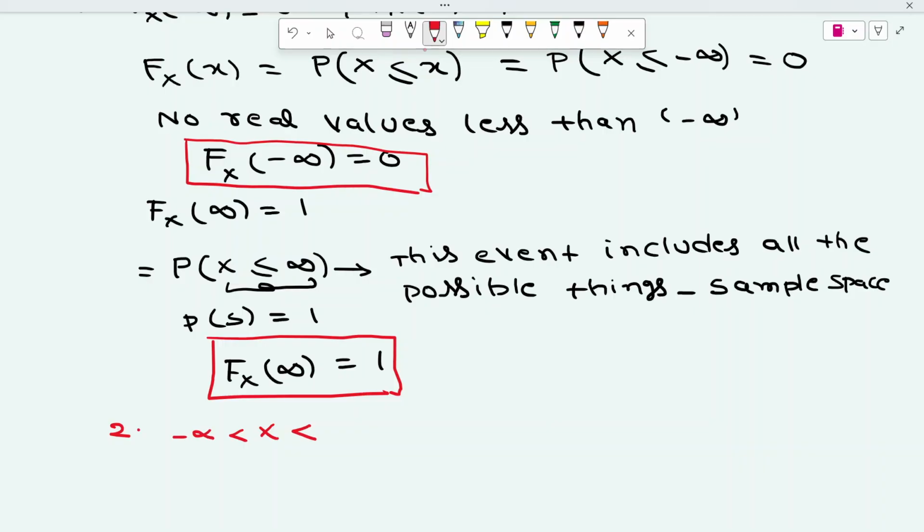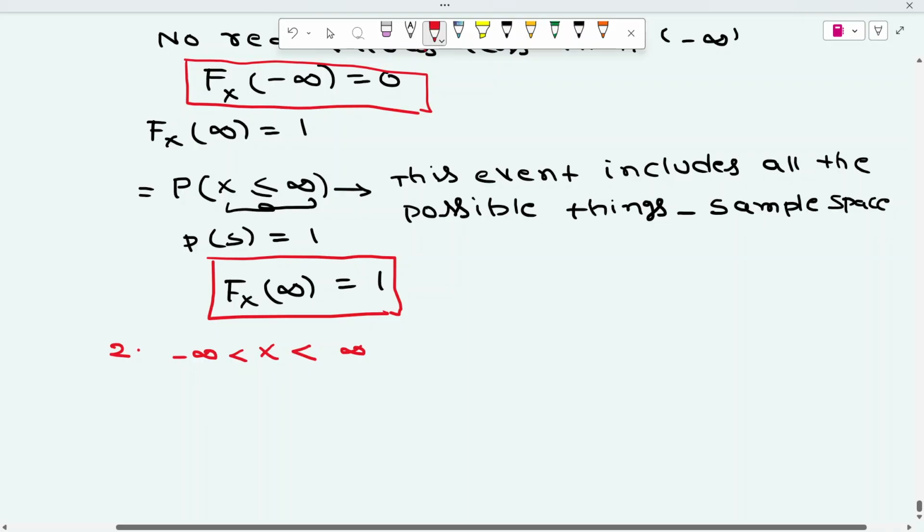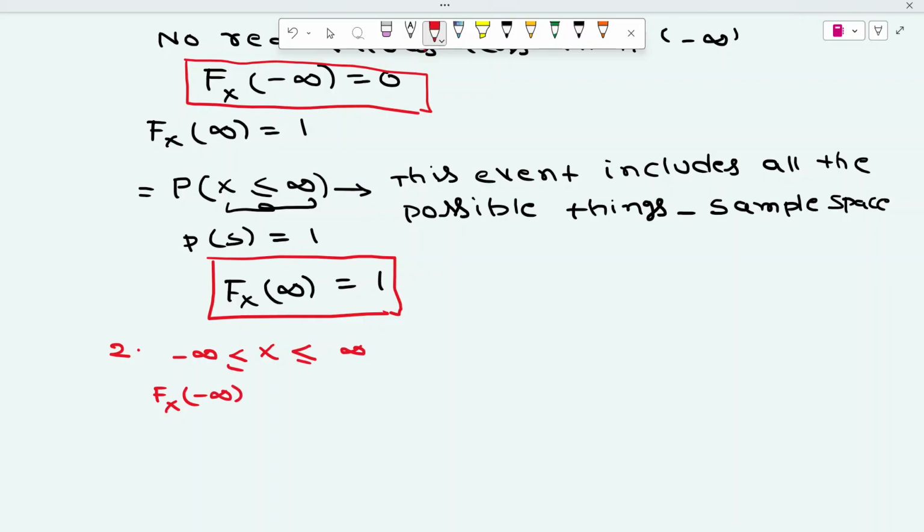Coming to the second property, what is the range of values x can take? It is from minus infinity to infinity. Now if we apply the distribution function, Fx(minus infinity) is less than or equal to Fx(x), which is less than or equal to Fx(infinity).